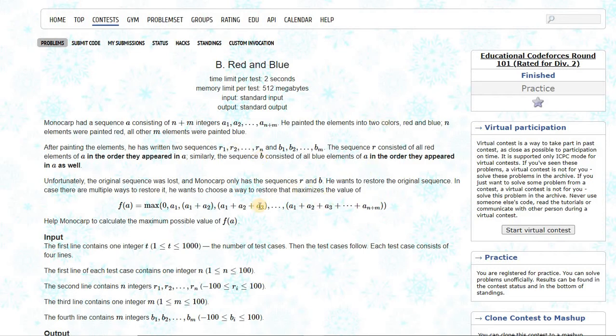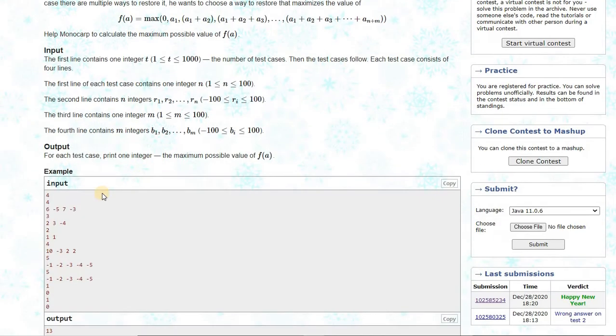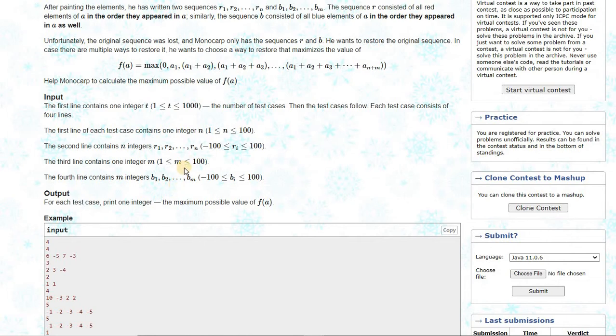And he's trying to maximize that function. But there's one condition: the elements have to appear in the order that they came from. So if we take this test input, for us to access the number 7, we have to have taken the number -5 first. That's a major difference.